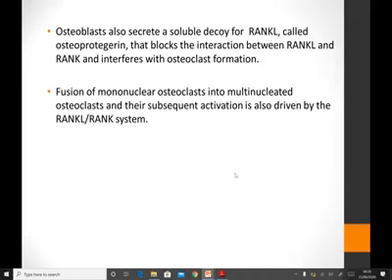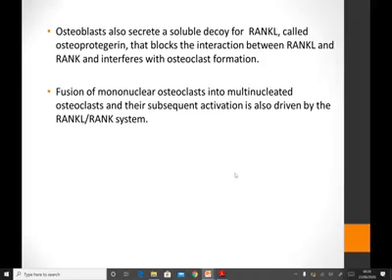Also, a mononucleated single osteoclast conversion into a multinucleated osteoclast is also controlled by this same system. यही RANK L जो है वो mononuclear osteoclast को multinucleated osteoclast के अंदर convert करते हैं और फिर उसकी subsequent activation भी करते हैं.